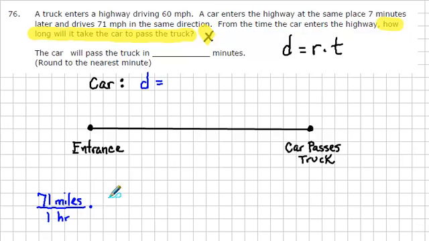We know that there are 60 minutes in 1 hour, so we'll multiply by the unit fraction 1 hour divided by 60 minutes, and the units of hours divide out, leaving us with 71 divided by 60 miles per minute.